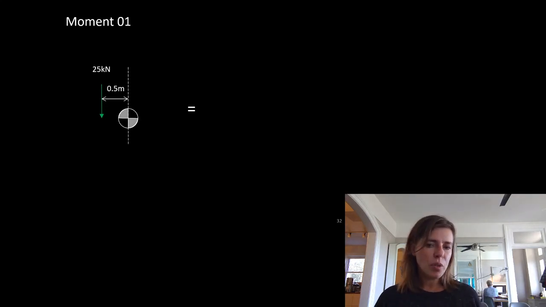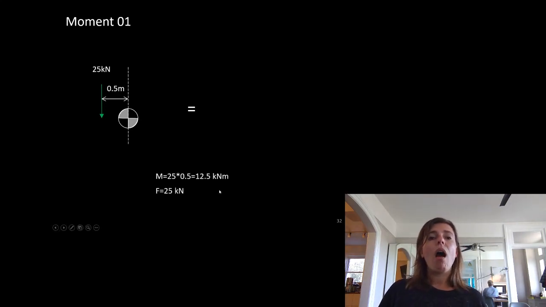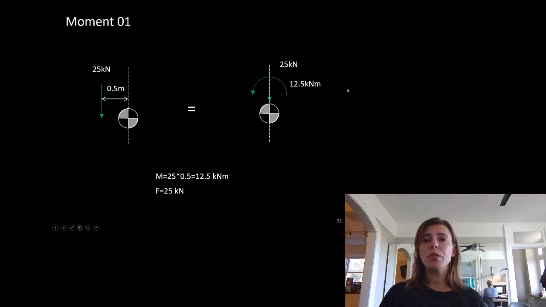And then later in the term, we're going to see that we talk about things in newton millimeters as well sometimes. So our force is going to be 25 still, and our moment is going to be 25 times 0.5 to give us this equivalent system. So these two things are equivalent. This force, 0.5 meters away, is going to try to move this object the same way as this force and this moment.